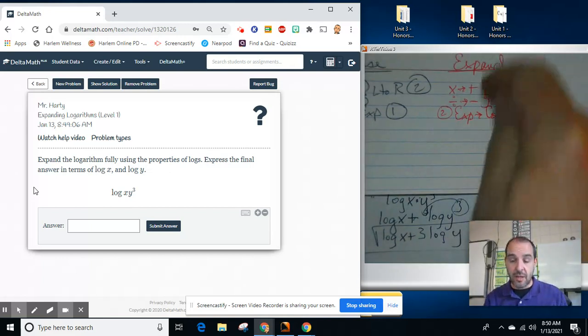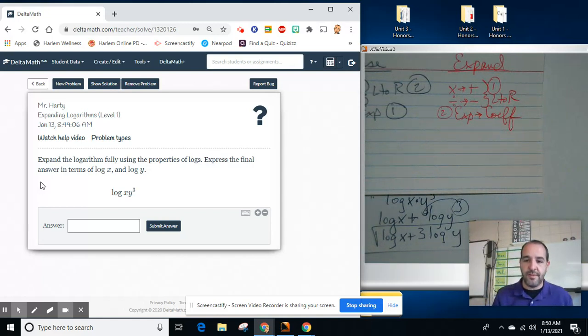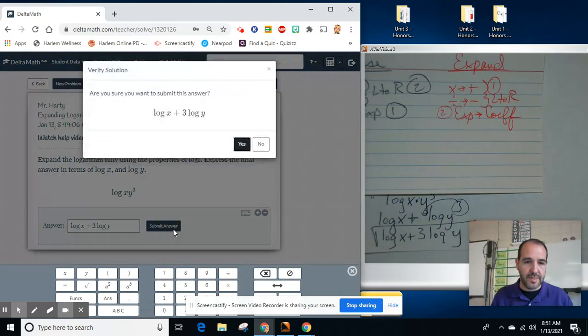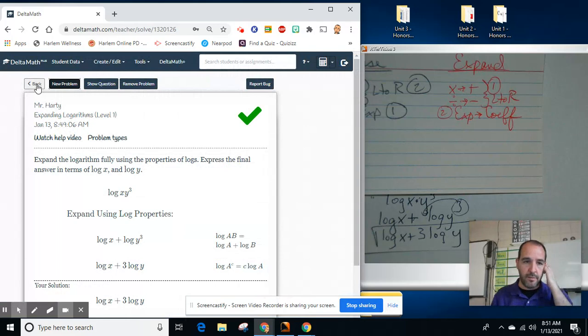Again, if you just follow the order, you're going to know you're done. So here, log x plus 3 log y. Should we type it in correctly? And we're good.